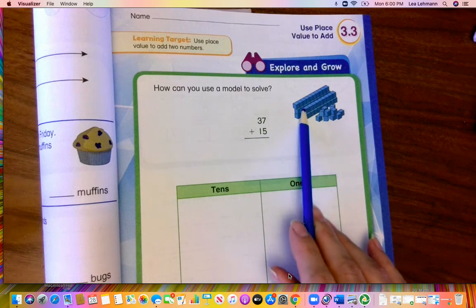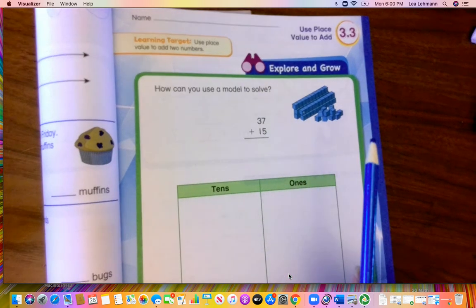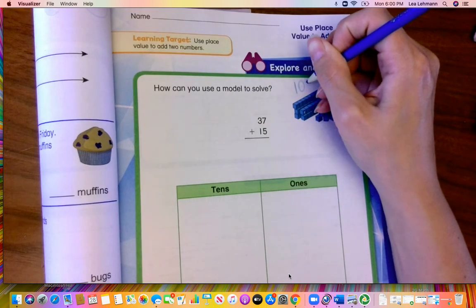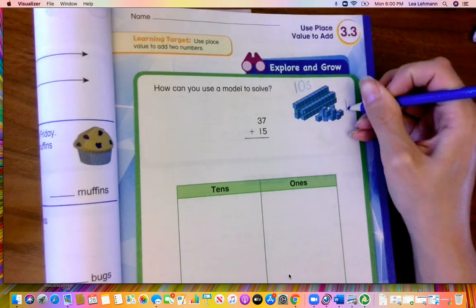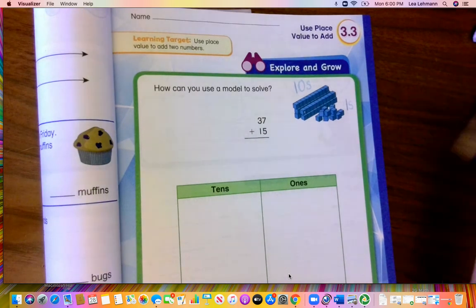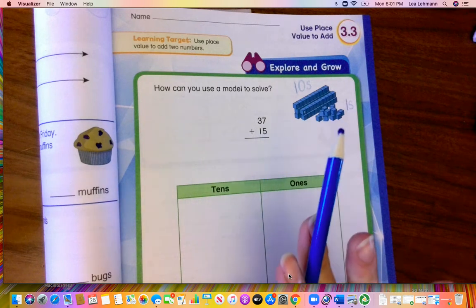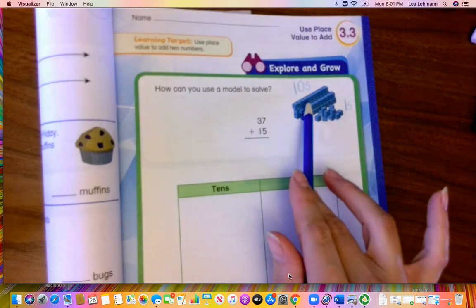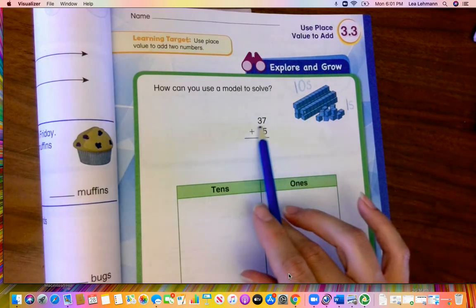So do you remember using our base 10 blocks? These are 10s, and these are 1s. I'm just going to remind you. If I have 37 and 15, let's draw what 37 looks like using base 10 blocks. How many longs am I going to use to make 37?